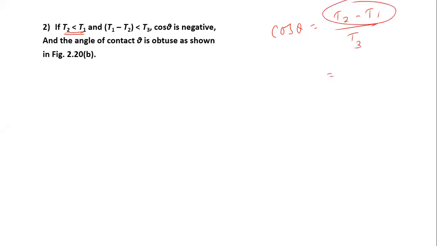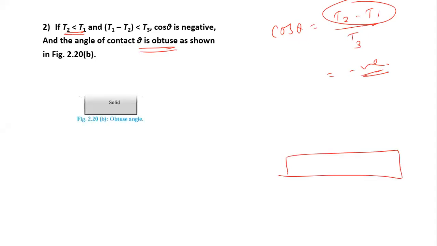This subtraction is coming negative, and negative divided by any number is negative. Cos theta negative means the angle of contact is obtuse, greater than 90. If the angle of contact is obtuse, the shape of the liquid drop is like this. You can see the shape in the diagram. So this angle is greater than 90 degrees.